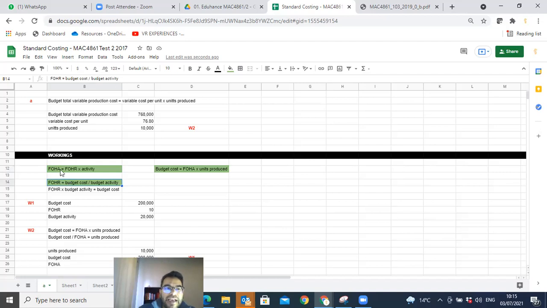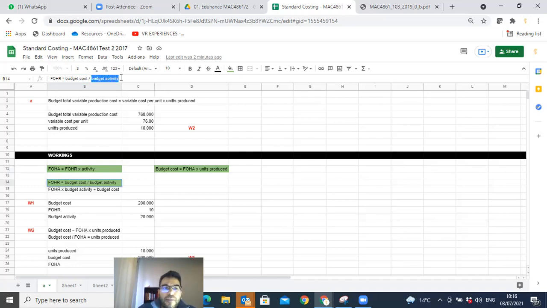Then run through your mind that although they give you the fixed overhead rate, run your mind through the formula of the fixed overhead rate just to ensure that you have everything. Because you ultimately would like to be able to calculate the fixed overhead rate. So although they told us the fixed overhead rate is 10 Rand, you want to tell yourself, okay, I want to be able to calculate that 10 Rand. To get that 10 Rand, it is budgeted cost divided by budgeted activity.